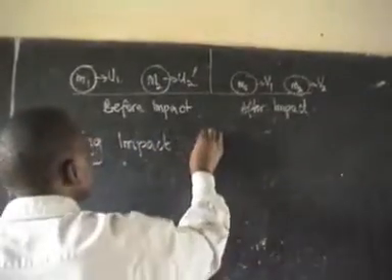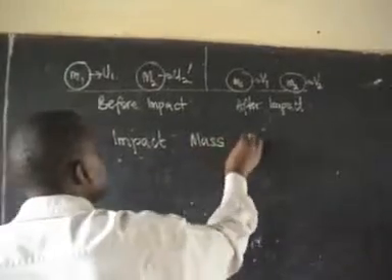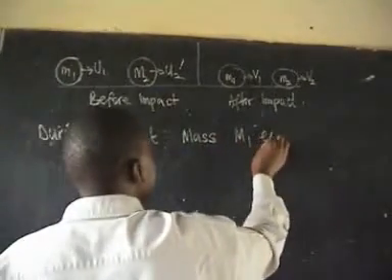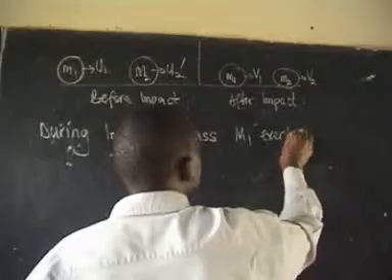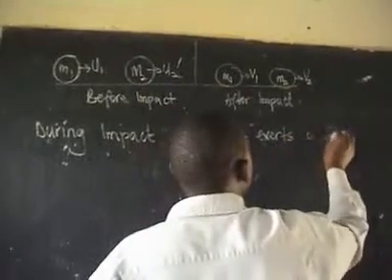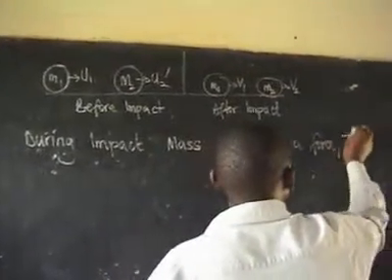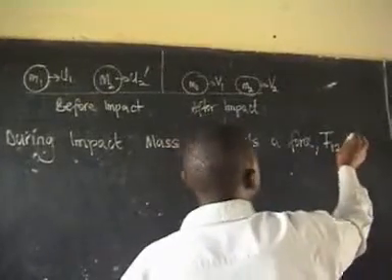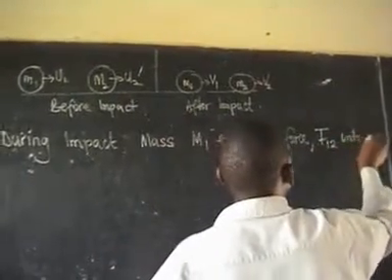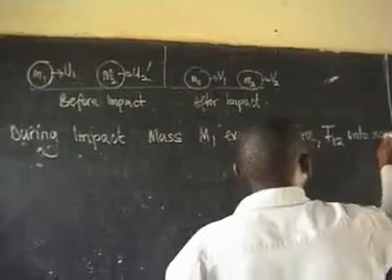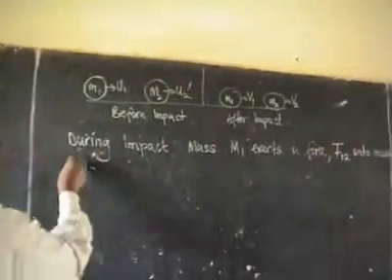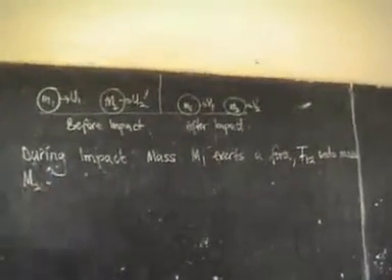So now during impact, mass M1 exerts a force which I'm going to call F12 onto mass M2. So that's one fact.